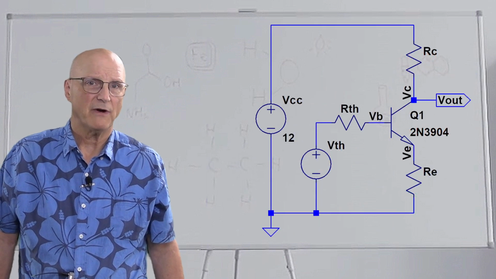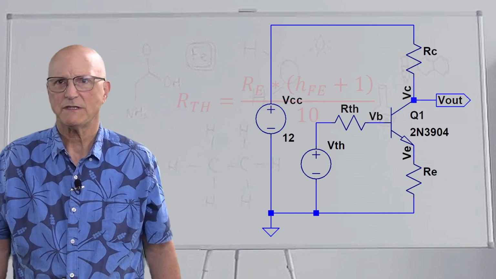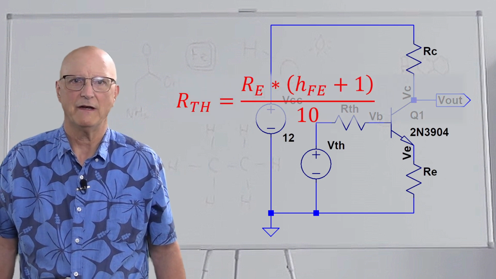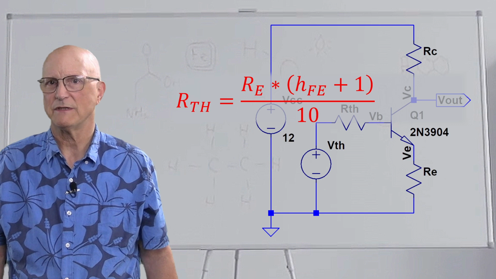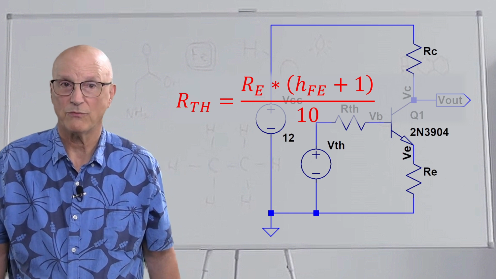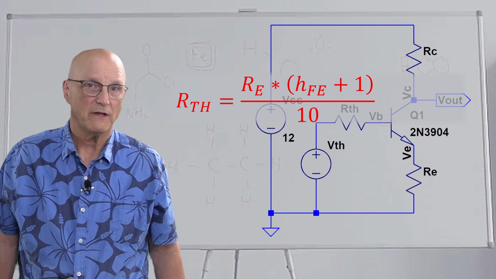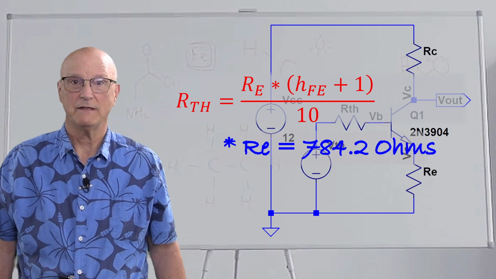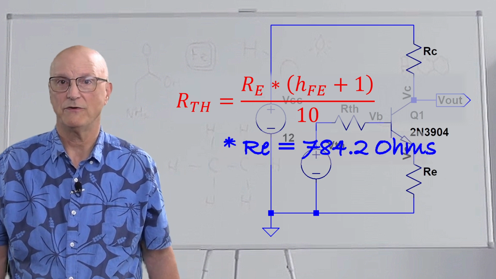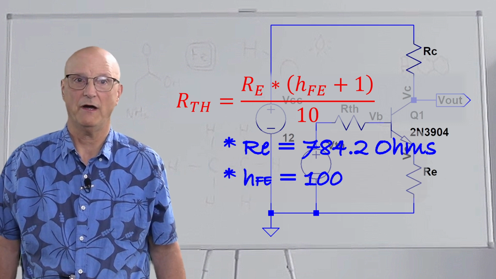We begin this process with the rule of thumb for the value of R Thevenin, which tells us that the value of R Thevenin is equal to the value of the emitter resistor times the quantity, the current gain plus 1, all divided by 10. We know the emitter resistor, Re, is 784.2 ohms, and the current gain, or HFE, is 100.